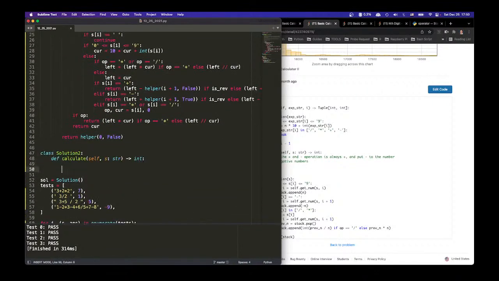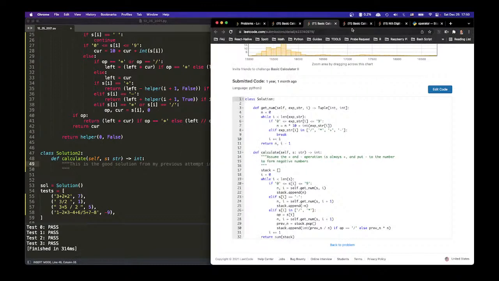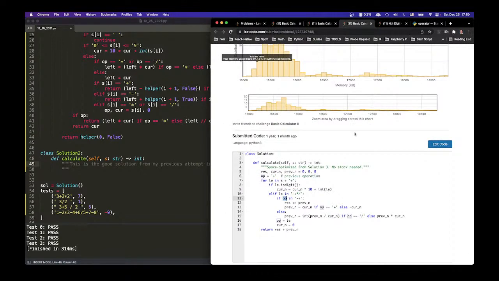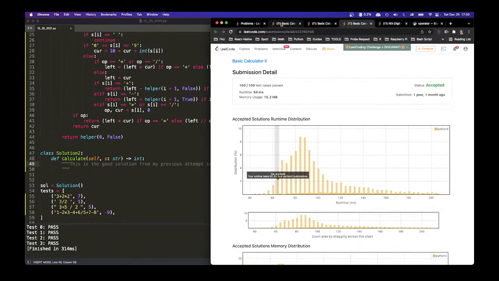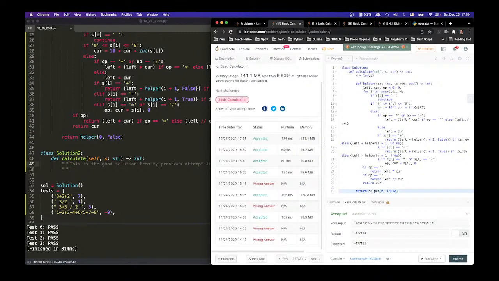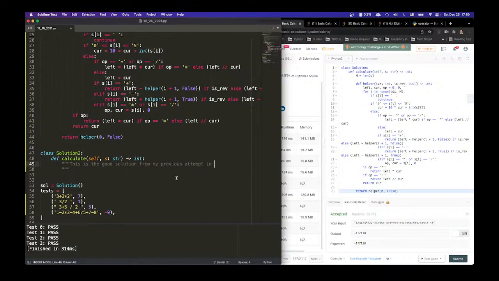So this is the good solution from my previous attempt, when was that? A year ago. I think I used 11/20, 11/24.